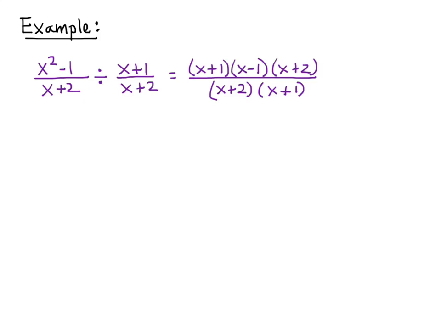So I'm writing those as two factors here, multiplying by x plus 2 because I'm taking the reciprocal of the second expression. Then I have x plus 2 times x minus 1 because that x plus 1 from the numerator now goes to the denominator. And so we have this.